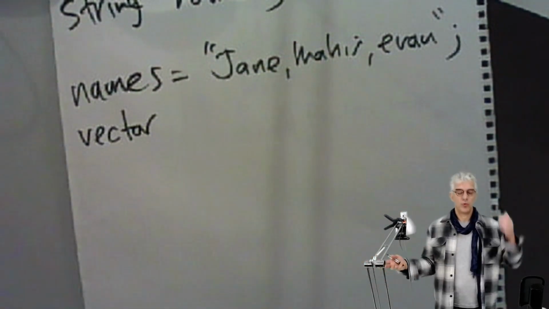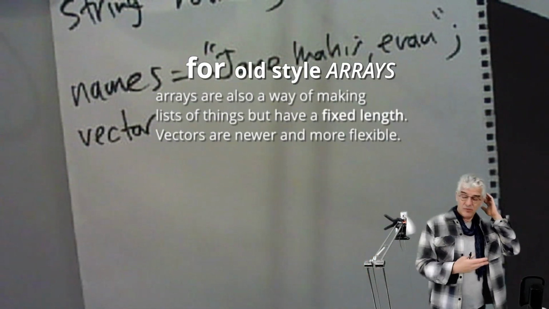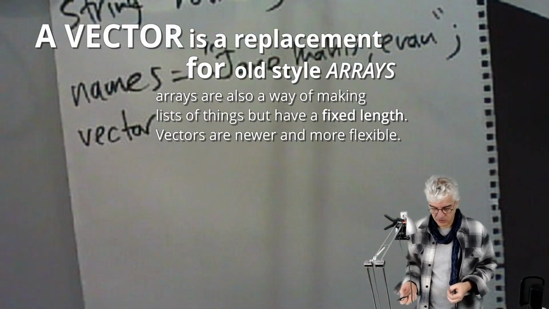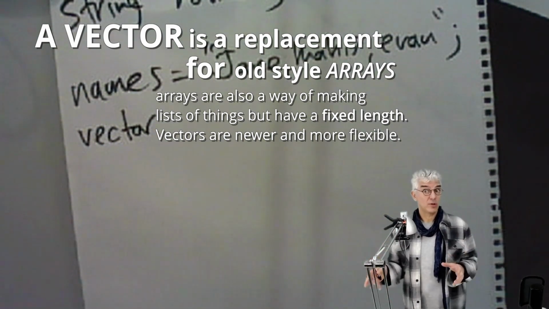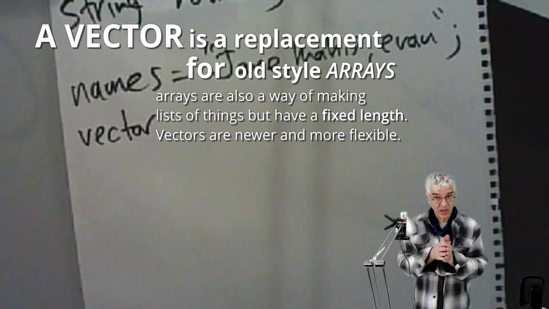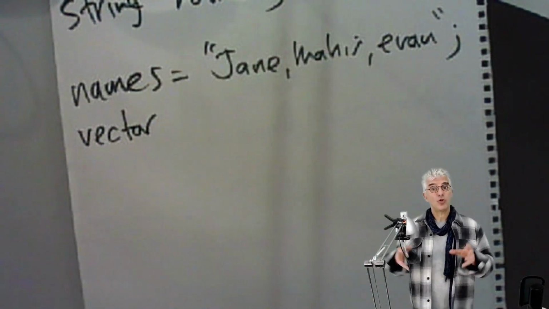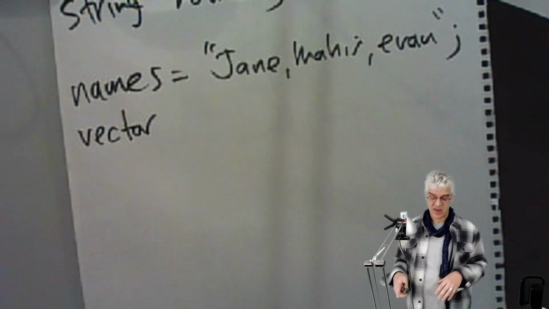You might have heard of the term arrays, and arrays are sort of going out of fashion because, I don't know, they listen to the wrong music now, but essentially everything's done by vectors. Vectors are slightly more flexible than arrays, in that a vector can get bigger and smaller. It's a list of things, and we can put any kinds of things in there.